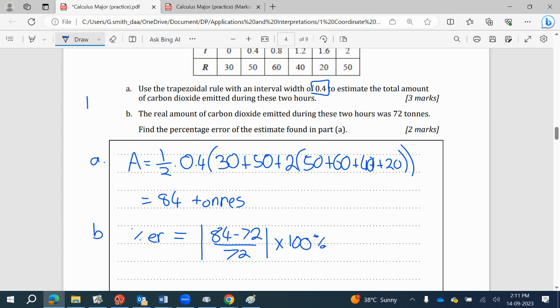Whenever you have a formula, like the first part in A and the first part in B, always put the formula up with the values in, because that's usually your first point. If things go pear-shaped from that point, you can often get the method point for just doing it in the right way anyway. Putting that into your calculator, to 3 significant figures, this is 16.7%.